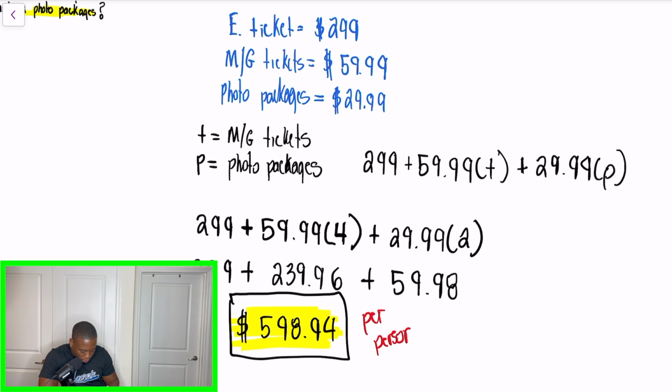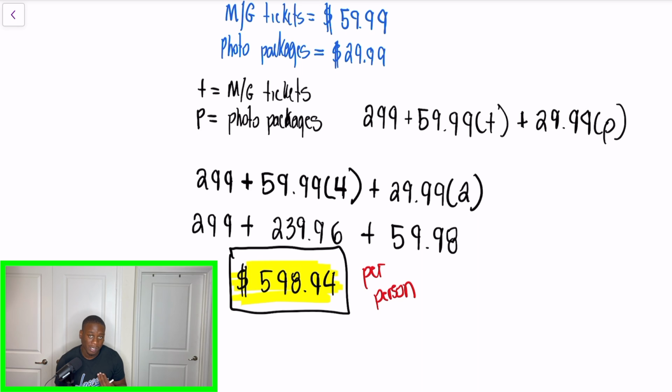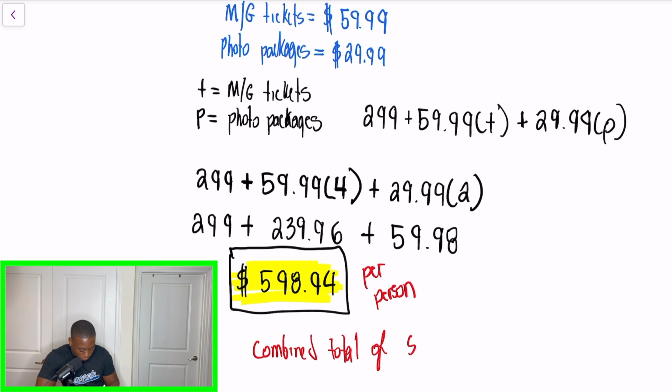So our final answer would be each person is going to spend $598.94. If they ask us combined, that means both of them, right? That means we would have to add 598.94 plus another 598.94.